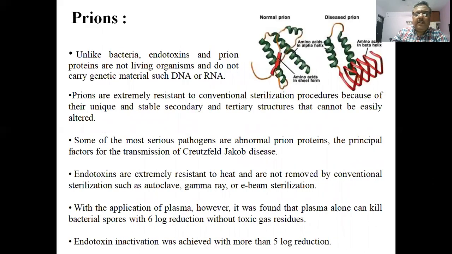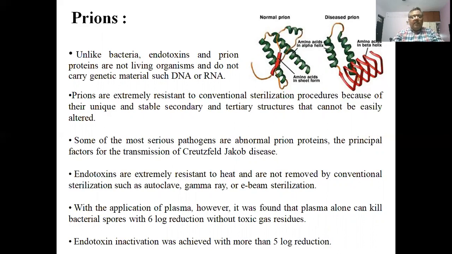Plasma species not only act on the surface of the substrates, thus reducing the microorganisms. Unlike bacteria, endotoxins and prion proteins are not living organisms and do not carry genetic material such as DNA or RNA. The prions are extremely resistant to conventional sterilization procedures because of their unique and stable secondary and tertiary structures that cannot be easily altered. Some of the most serious pathogens are abnormal prion proteins, the principal factors for the transmission of Creutzfeldt-Jakob disease.